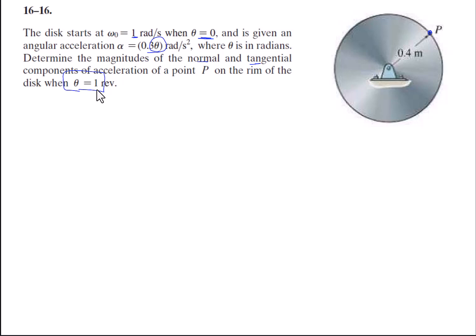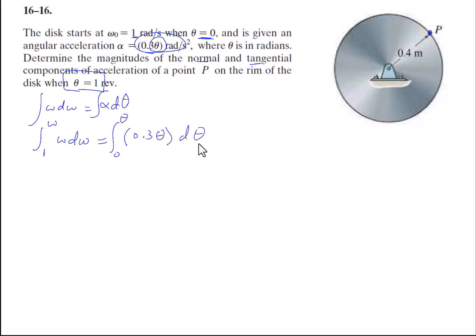We'll use the same equation as the previous problems. So this is omega d omega is equal to alpha d theta, and you can integrate this. This is integrated from 1 to omega d omega, and this is integrated from 0 to whatever theta we have, and this is given by 0.3 theta d theta.